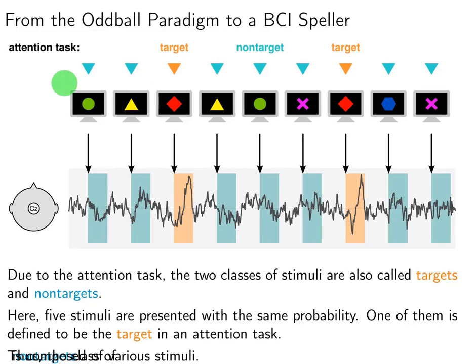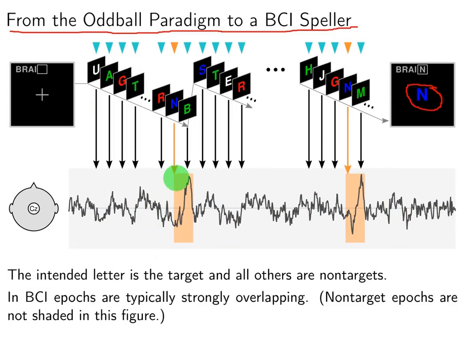So instead of the monitor with these symbols, the user will be given a sequence of different characters in the form of stimuli, right? And then the user can define which one is target, which one is non-target, which one is deviant, which one is standard. Then we can collect the data, segment, and build the BCI speller using those features. So the intended letter is target and all others are non-target.